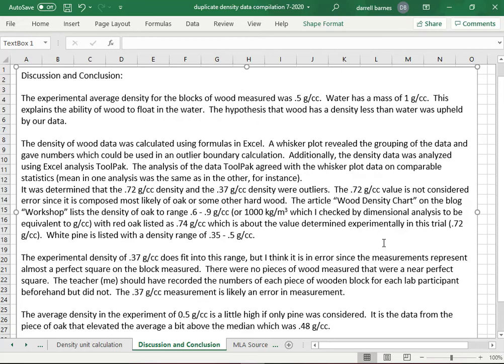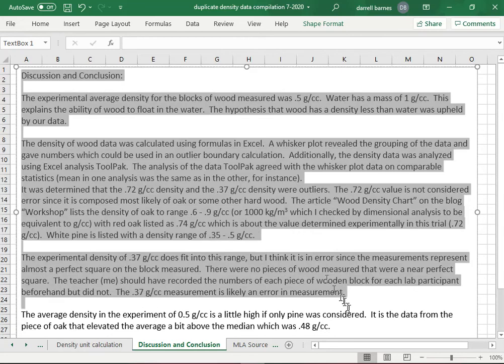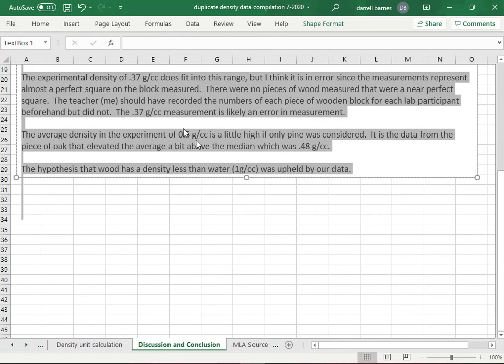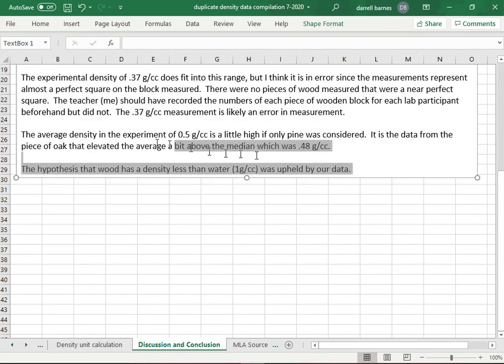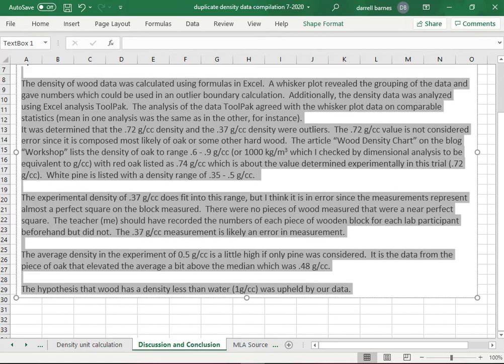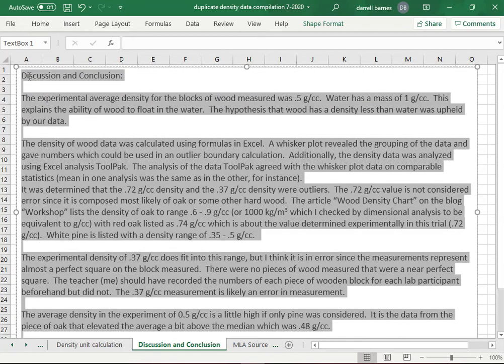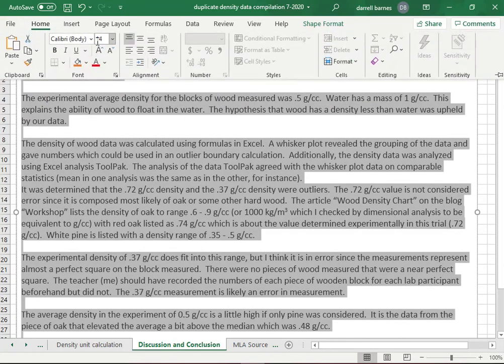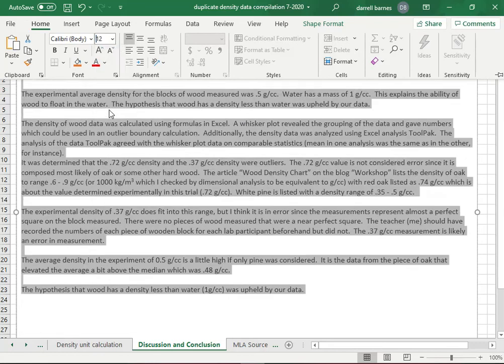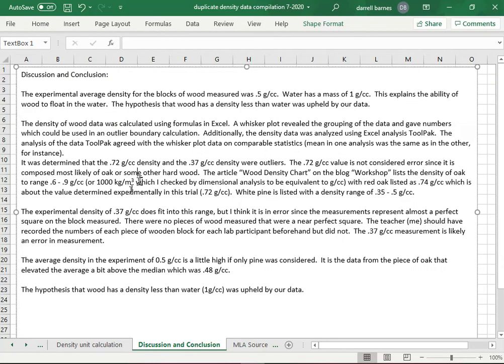May have to bring this down. Okay, let's select this whole page, or not all of it, just the text, and let's bring it down to maybe 12. Let's do that.